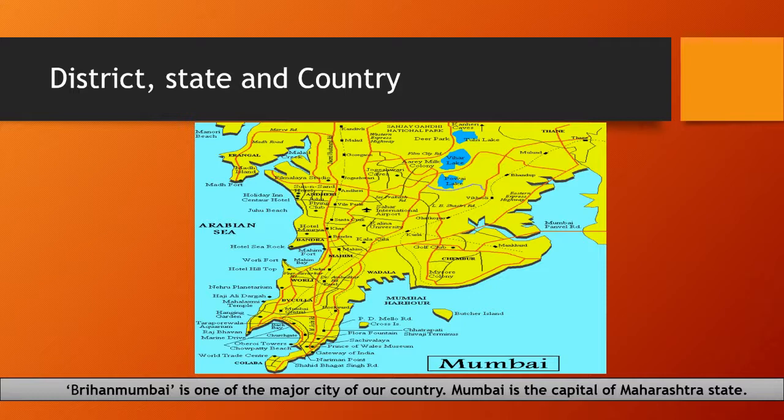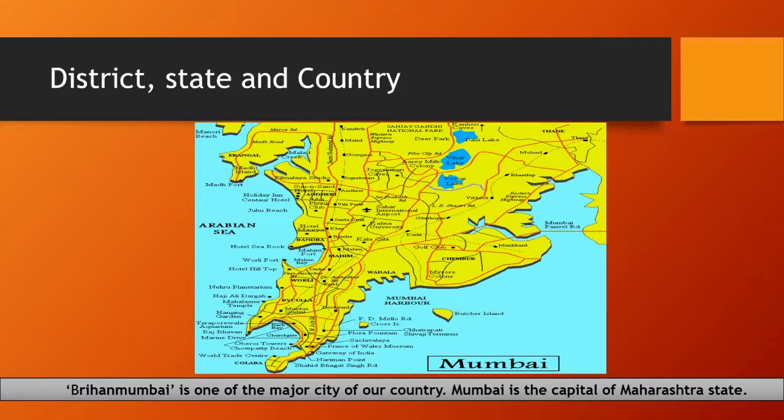Mumbai is one of the major cities of our country. It comprises 2 districts, Mumbai City District and Mumbai Suburban District. Mumbai is one of the biggest cities in India. Mumbai is the capital of our Maharashtra state.